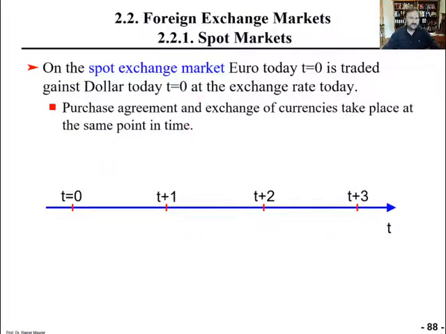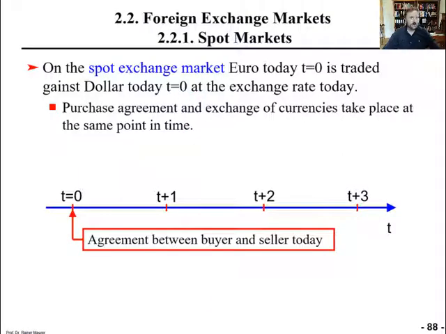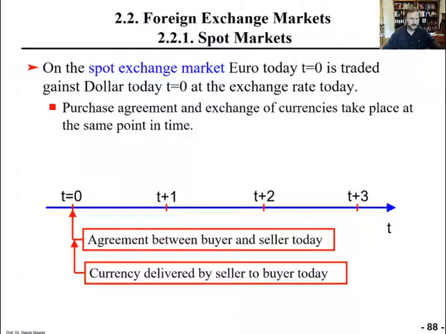And the exchange takes place also today. So the purchase agreement between buyer and seller is made today and the exchange takes place today. Everything is done today on the spot, therefore it's called the spot market.